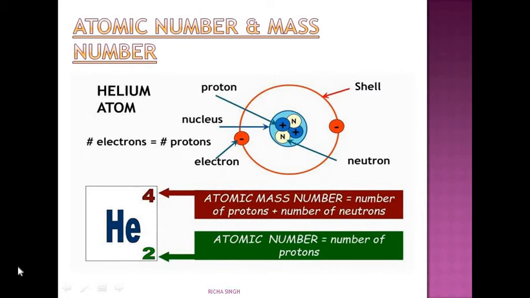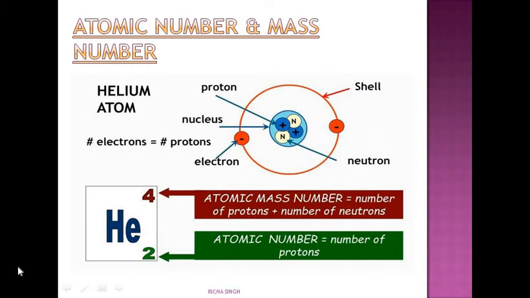And if we talk about mass number, you know that mass is composed of all 3 things, electrons, protons and neutrons. But since the mass of electron is negligible, the real mass of an atom is due to the protons and neutrons present in it. The sum of protons and neutrons present in the nucleus of an atom is called its mass number.